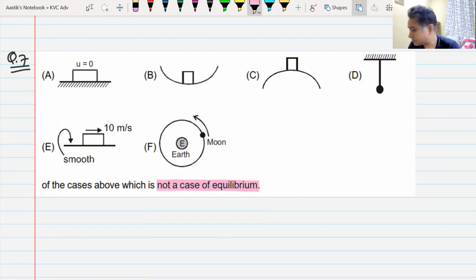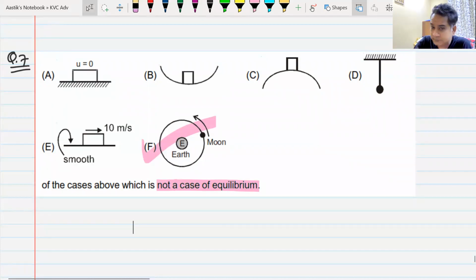Which of the following is not a case of equilibrium? And the answer is F, sir. Does anyone not understand this? We move ahead. With this, just to make you understand that everything is okay in this universe.